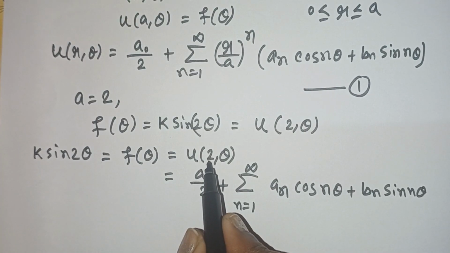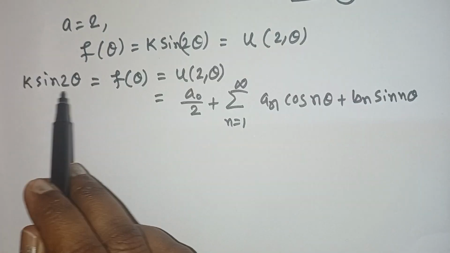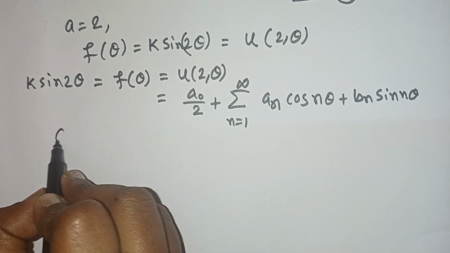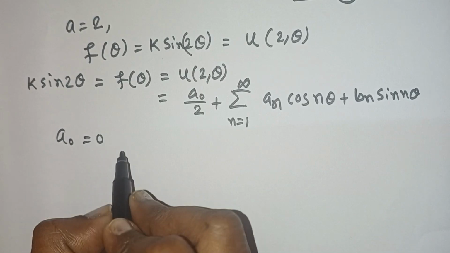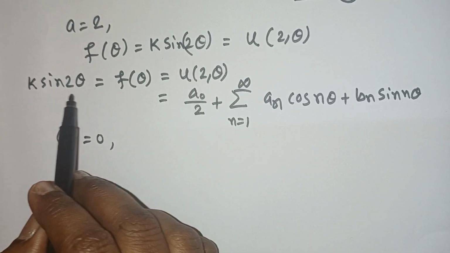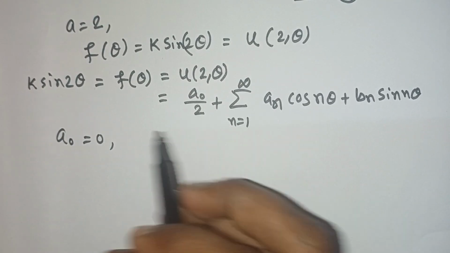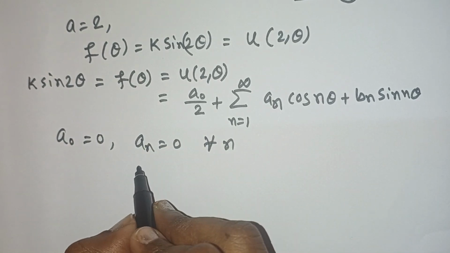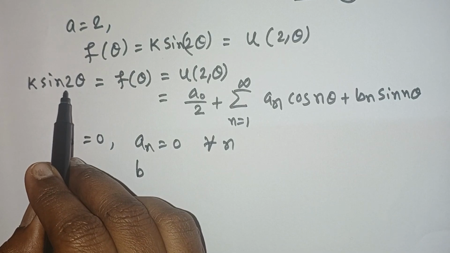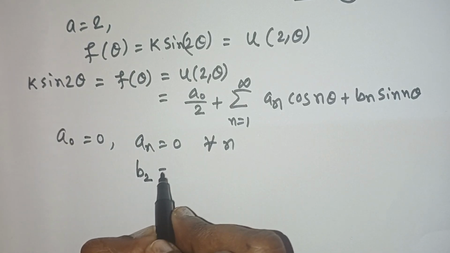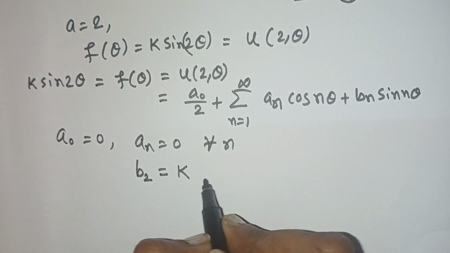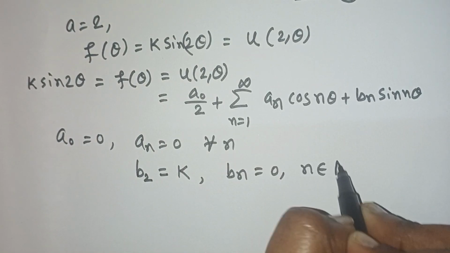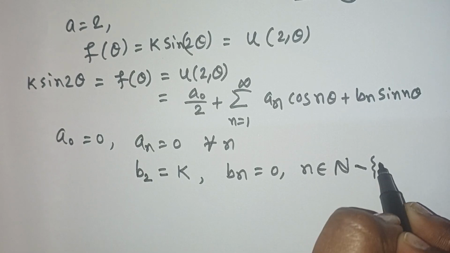If we compare both sides with k sine 2 theta, we see that a0 equals 0 and an equals 0 for all n, because only sine 2 theta is on the left-hand side, no cos n theta. Only b2 equals k, and bn equals 0 for all n not equal to 2.